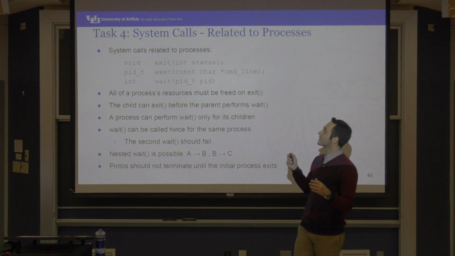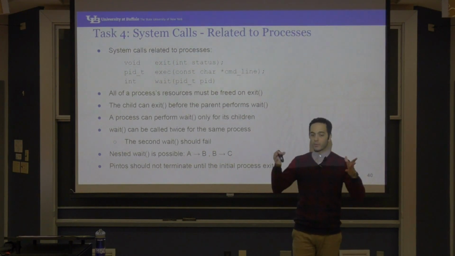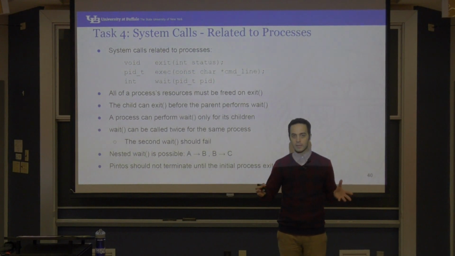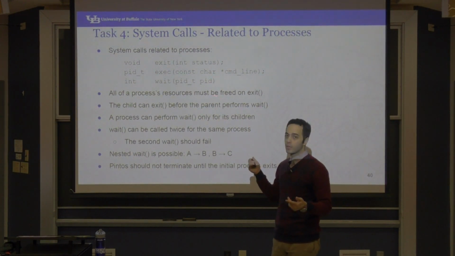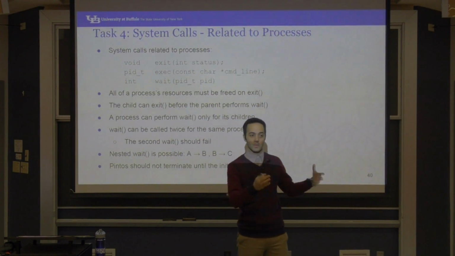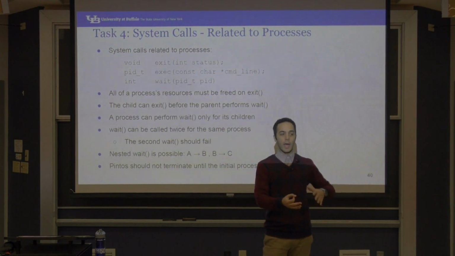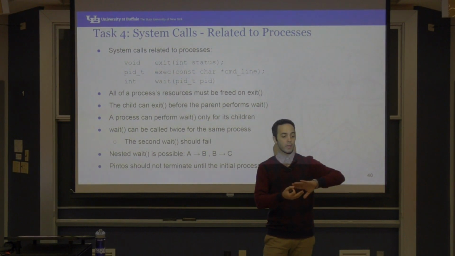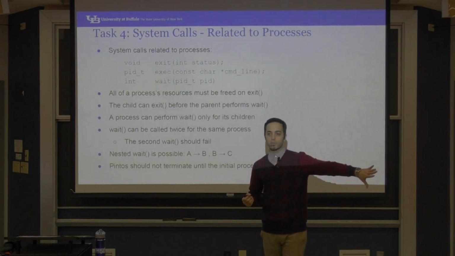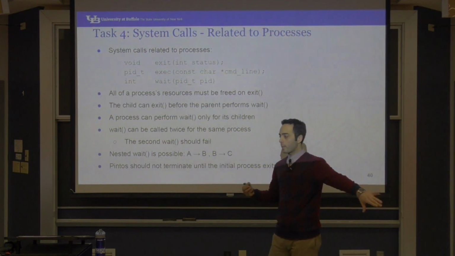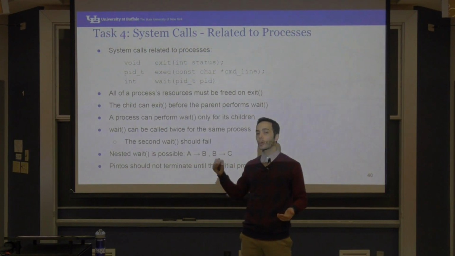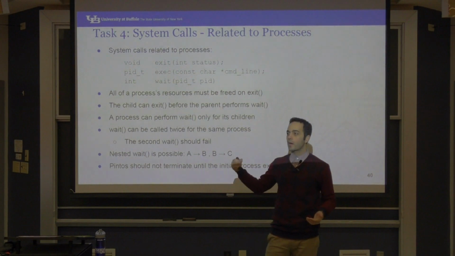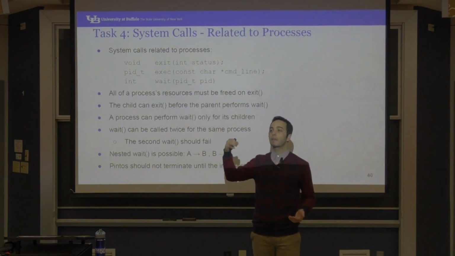and also save this status somewhere, because this is important. If you save the status in the process, and the process is exiting, then either you're not freeing resources, or if you free the resources of this process and that status also gets freed, then the parent does not have access. Maybe the parent has not waited on it yet. Maybe the parent wants to see the status of the child later on.